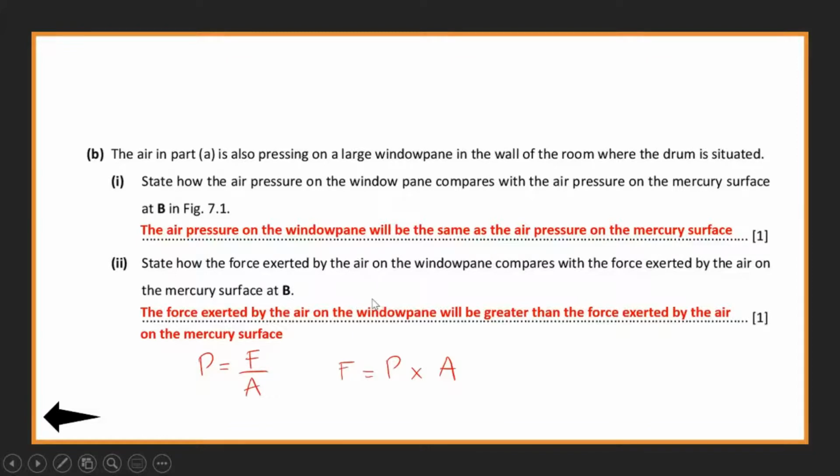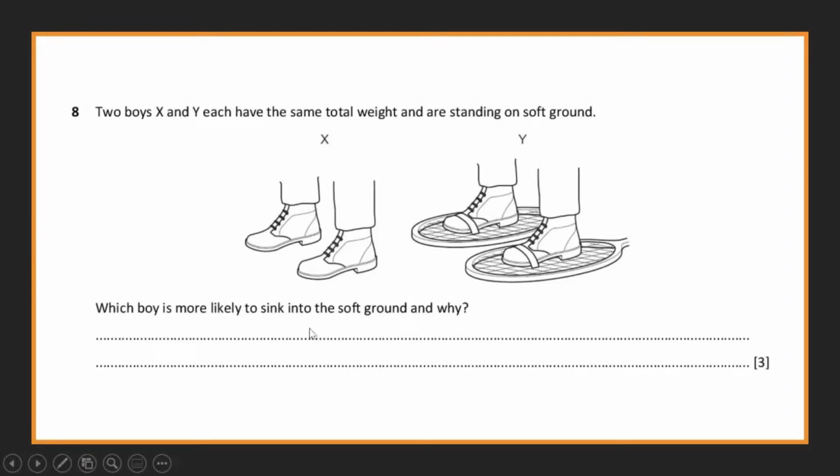Let's continue our discussion to number 8. Two boys, X and Y, each have the same total weight and are standing on soft ground. Which boy is more likely to sink into the soft ground and why?